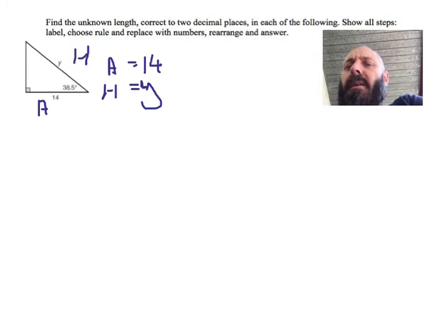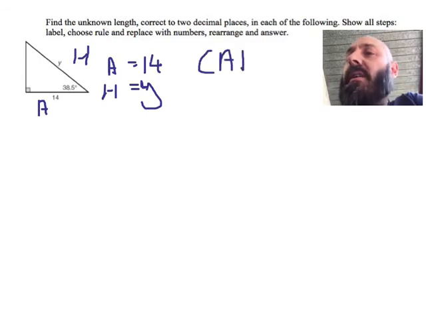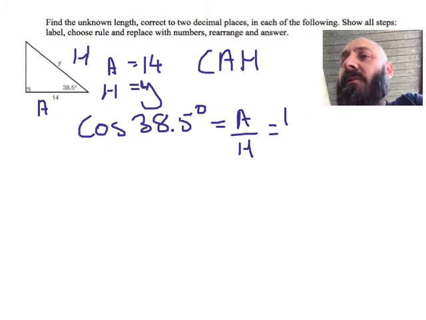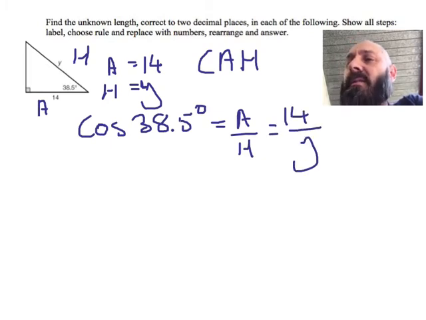So I think this time from SOHCAHTOA, I want C-A-H as cos. So cos 38.5 degrees equals adjacent over hypotenuse, which is 14 over y.